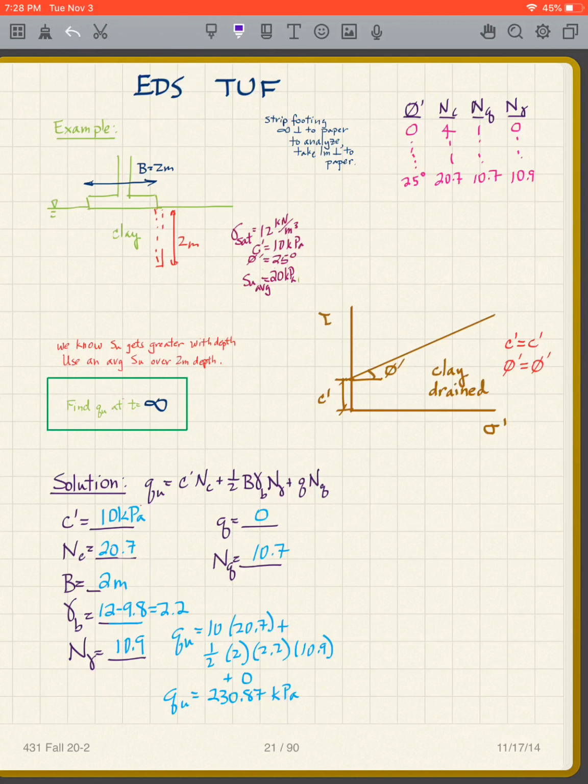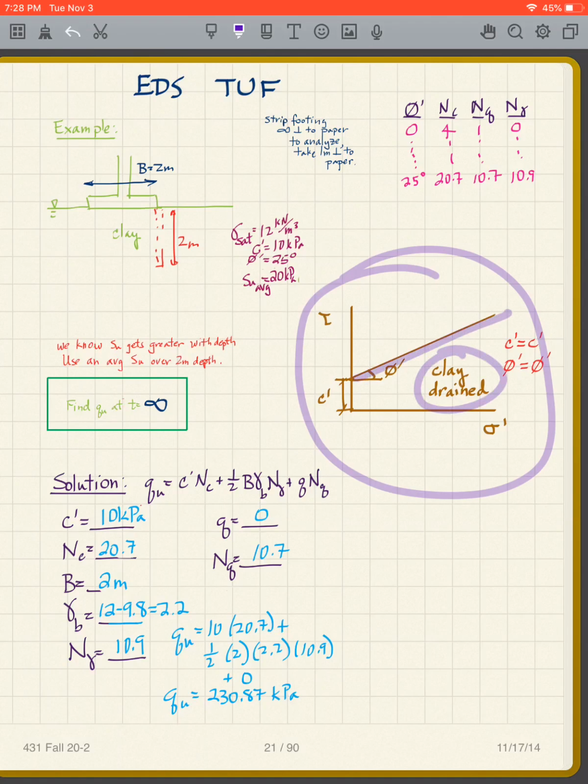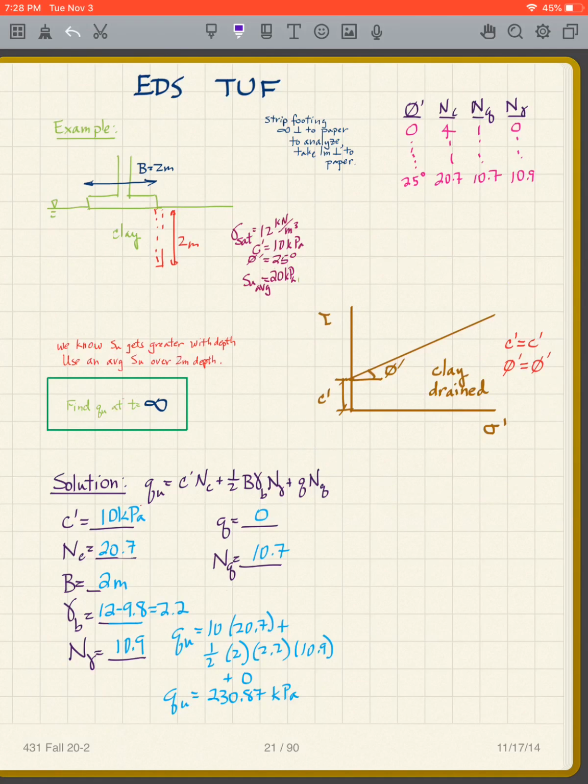So now I have to remember, what does my failure envelope look like for effective drain slow? Well, this is my clay drain failure envelope. It looks like that. And that means that C prime is C prime, phi prime is phi prime. So, in other words, my intercept is C prime, my angle is phi prime. So that's what that means.